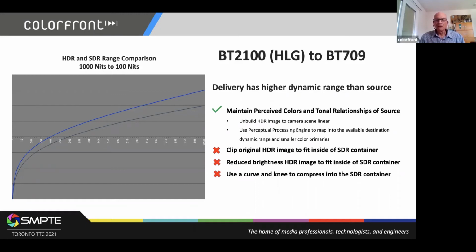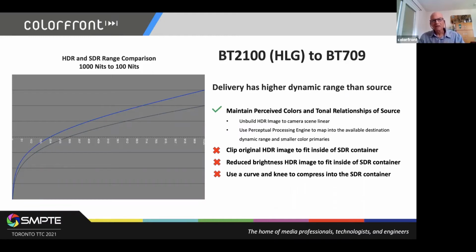And that's why using the perceptual remap, this happens, and it does the same technique. Unbuild the HDR image back to seeing linear, use the perceptual processing engine to map it down into the smaller color space, as well as primaries, because we've got to remember we're starting with these wider primaries, and if we simply just clip the colors, we come up with a lot of errors and disastrous results.